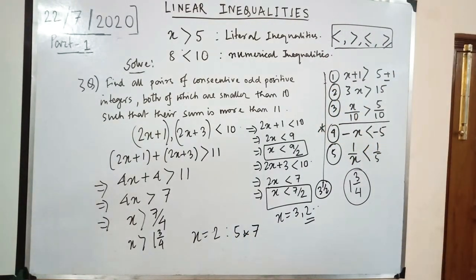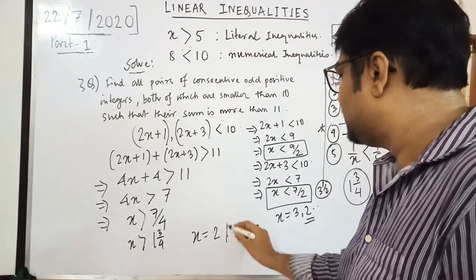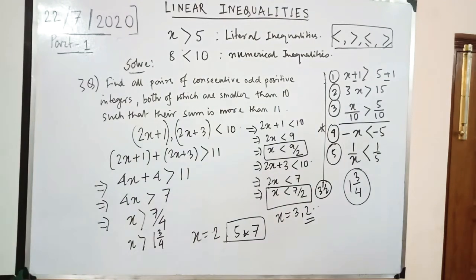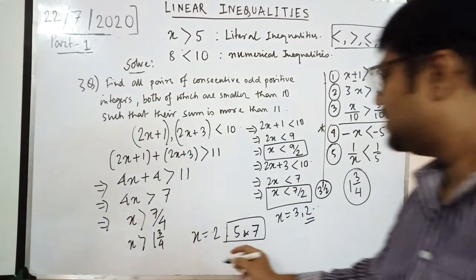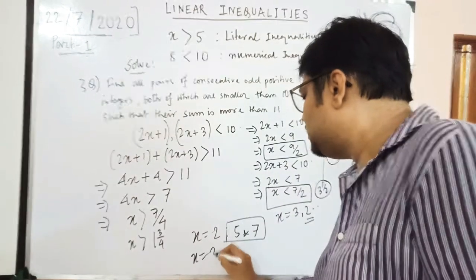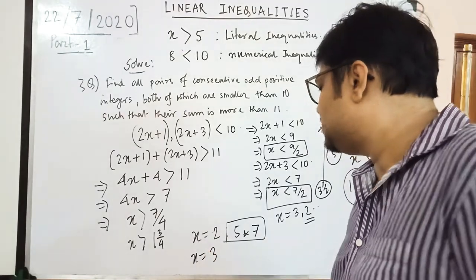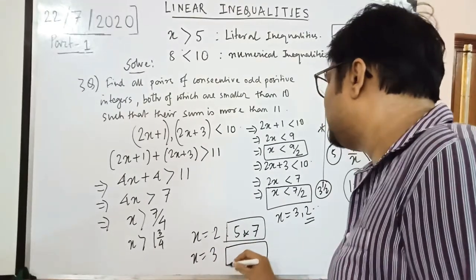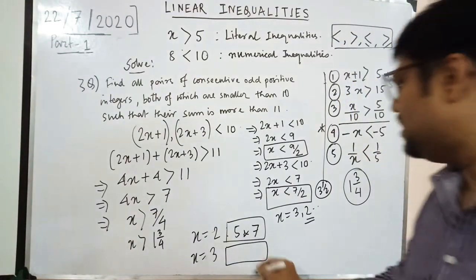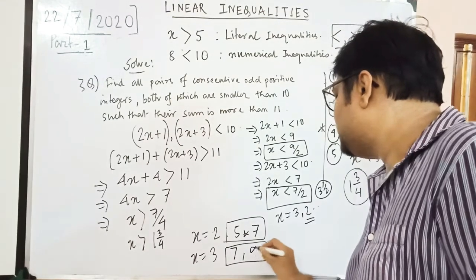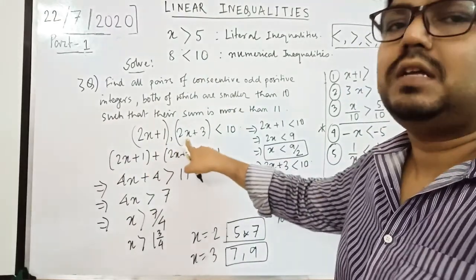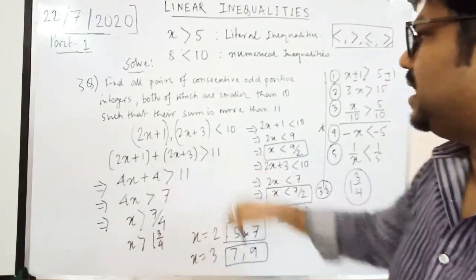So check the numbers. Each of them is lesser than 10 and the sum is more than 11. Now if you put x equals to 3, you get numbers 7 and 9. Put over here 3, you get 7. Put over here 3, you get 9.